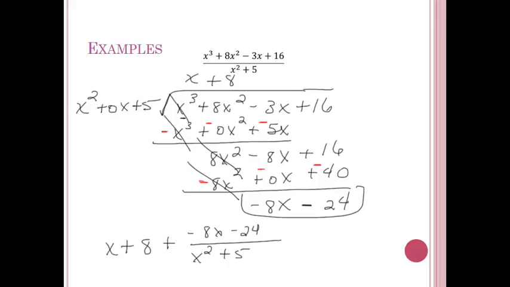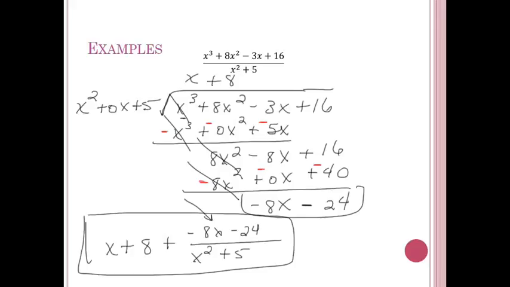And don't put that little placeholder in your answer. Just put the original divisor. Now notice that the numerator here is a lower power of x than the denominator. It should be. If you ever get a remainder that has a higher power of x than your divisor, you've done something wrong. But we know we're good on this one.